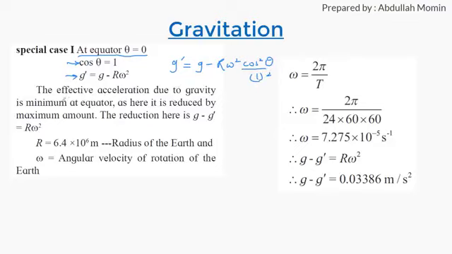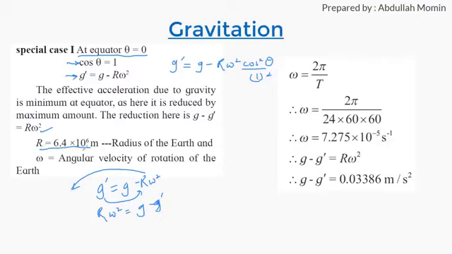So the effective acceleration due to gravity is minimum at the equator as it is reduced by the maximum amount. The reduction here, g minus g dash, is R omega square. Since g dash is g minus R omega square, we take this to the other side, so it becomes plus.